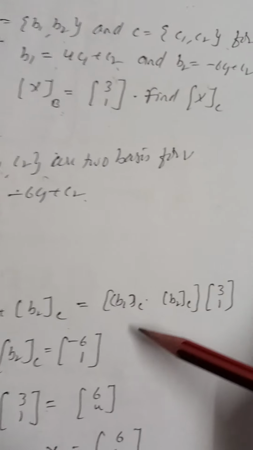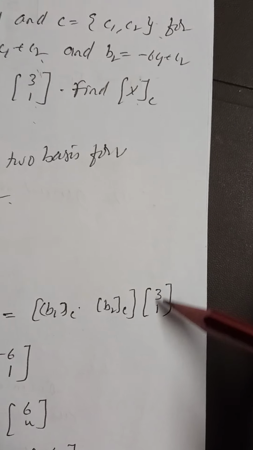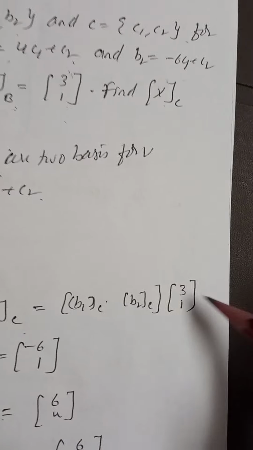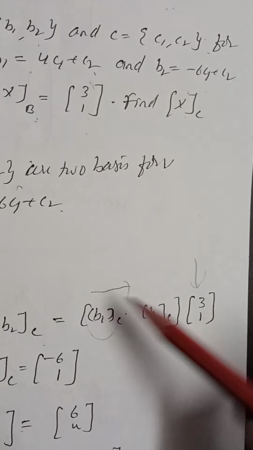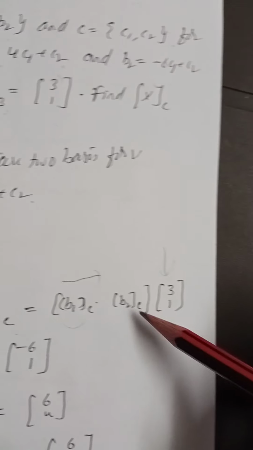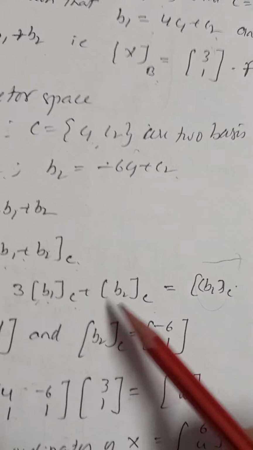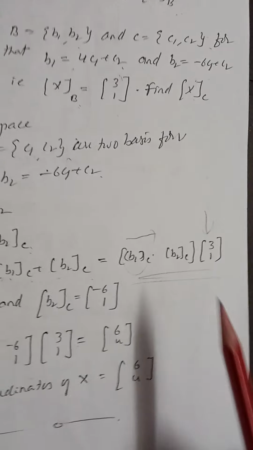Now the simplified form is the matrix with columns [b1]_C and [b2]_C, multiplied by the column 3, 1. If you multiply these, this is a row and this is a column: 3 times [b1]_C plus 1 times [b2]_C. This matrix multiplication part is very, very important.